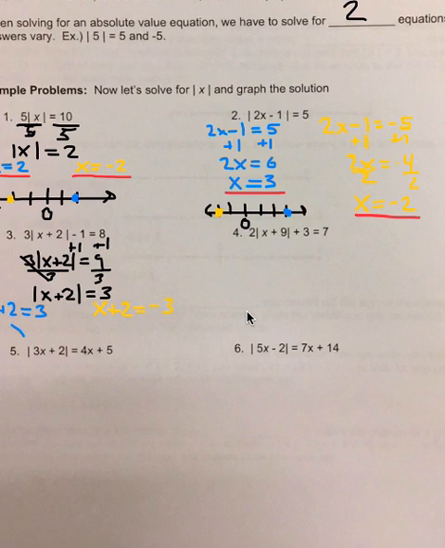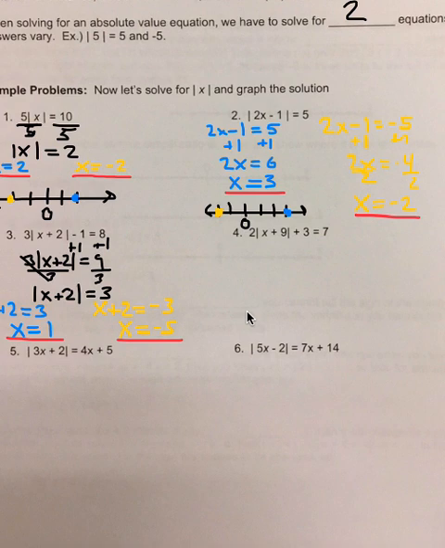When I solve those, I end up with x equal to 1 and x equal to negative 5, because in both cases I subtracted 2. And when I plug them back into the originals, they both work. I'm not going to draw the graph because I'm out of space, but you would put points at 1 and negative 5.